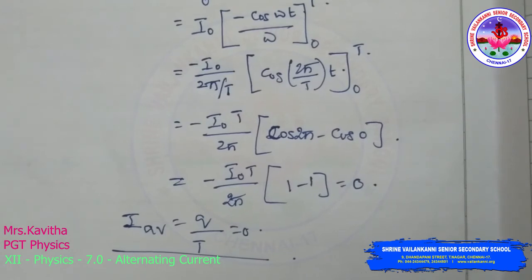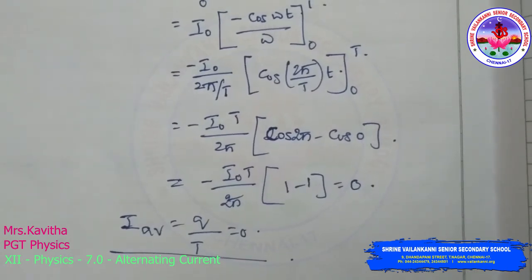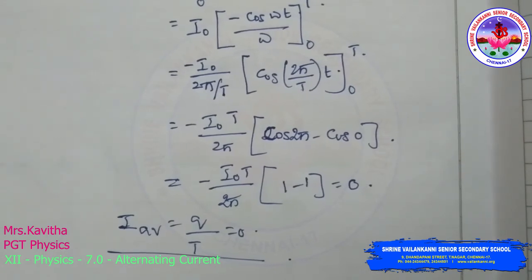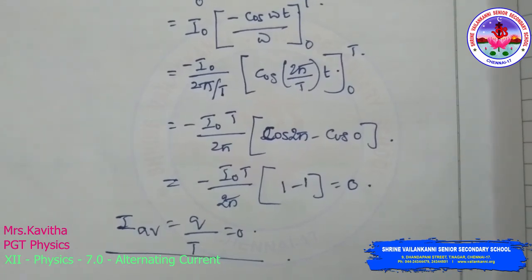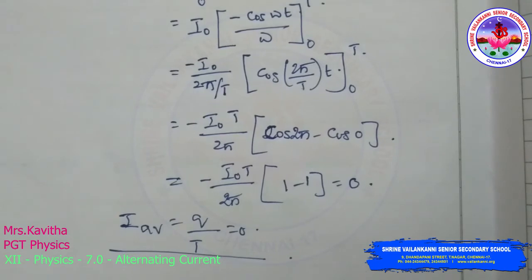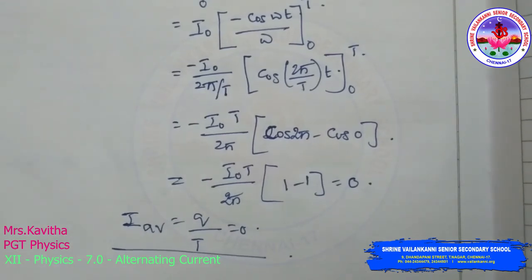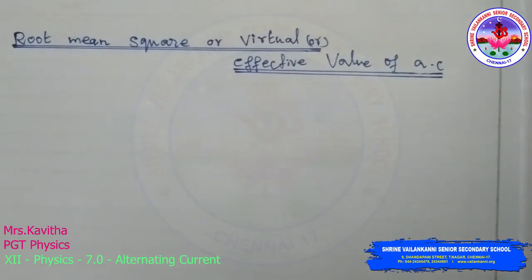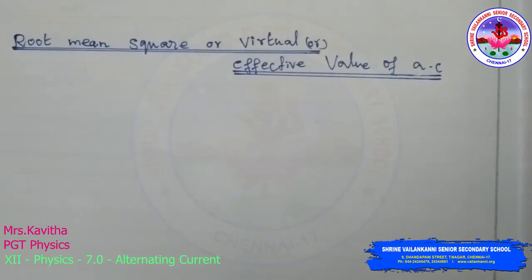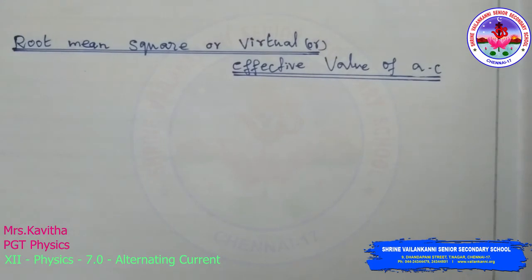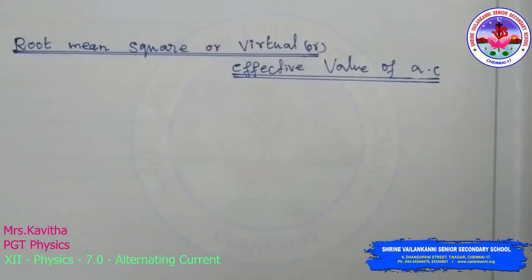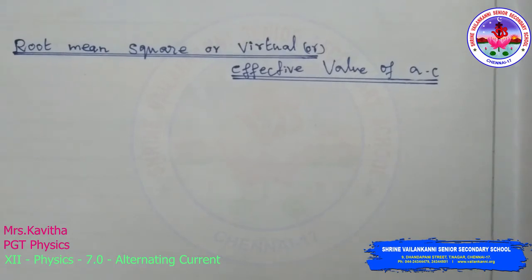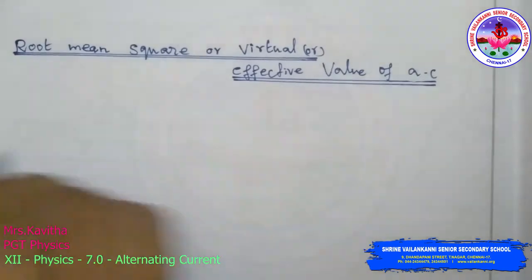We'll see the value of the power dissipated with the help of root mean square. The value of the root mean square, or the effective current, is denoted by IRMS, and by deriving it we can get it. Root mean square is the current which produces the same heating effect in a given resistor as is produced by a given alternating current.